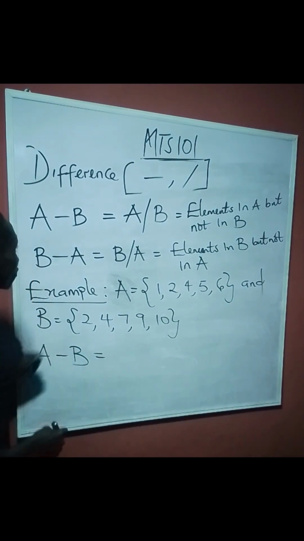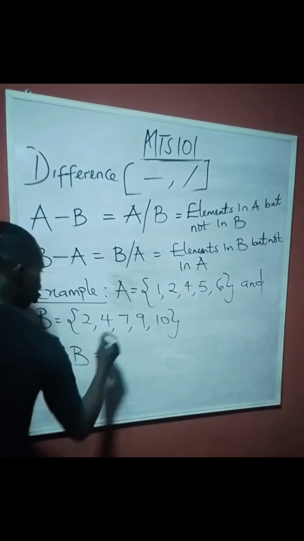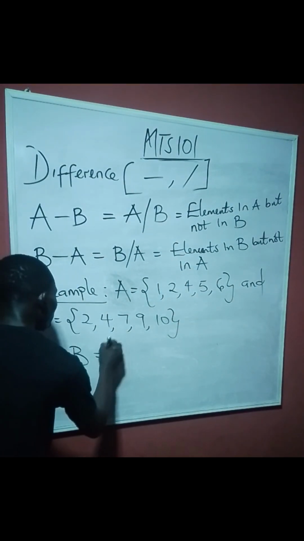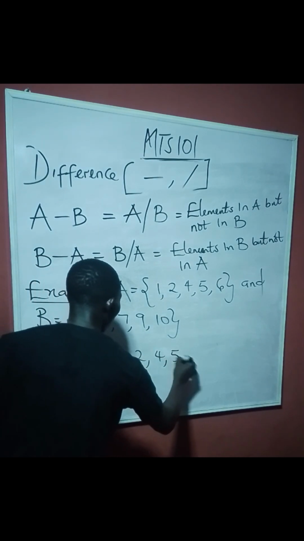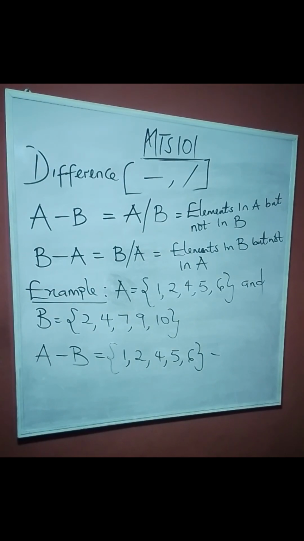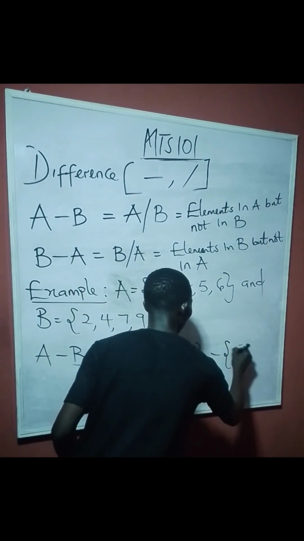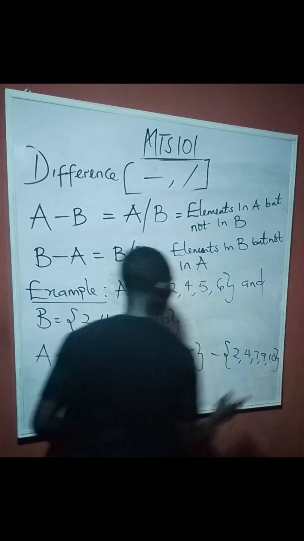A difference B means elements in A but not in B. There are two ways in which you can do it. You just write 1, 2, 4, 5, 6 minus 2, 4, 7, 9, 10, that is, you subtract.